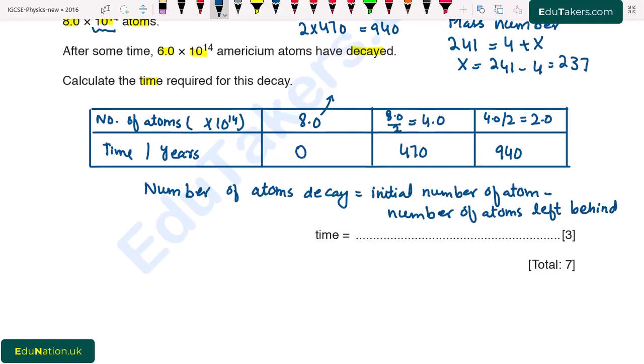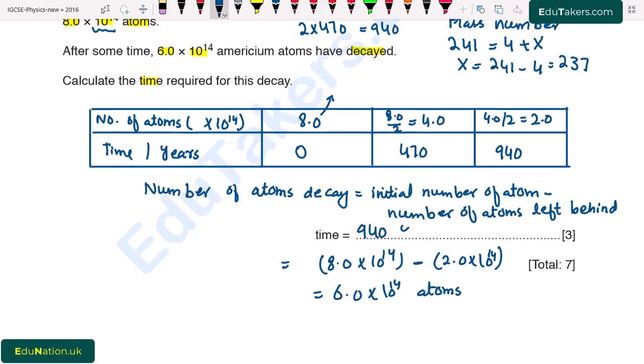So it will be 8.0 into 10 to the power 14 minus 2.0 into 10 to the power 14. It means that 6.0 into 10 to the power 14 atoms decay when second half-life passes. It means that the total time is 940 years for the decay of americium. So I write here time is equal to 940 years.